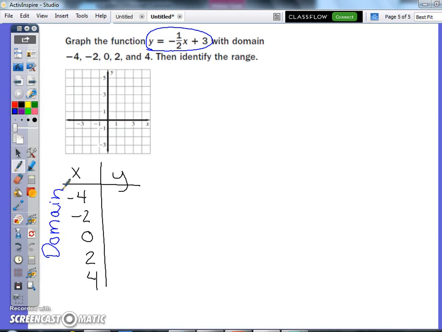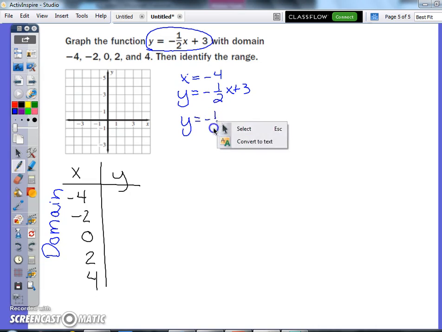And we're going to find our range. So when x equals -4, we have y equals -1/2 x plus 3. The -4 goes where the x is. So y equals -1/2 times -4 plus 3. You can use your calculator.